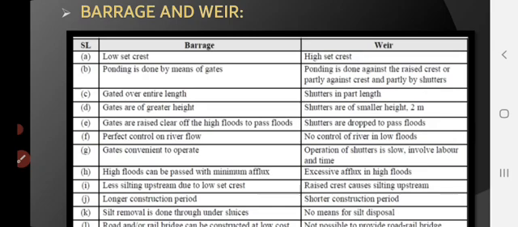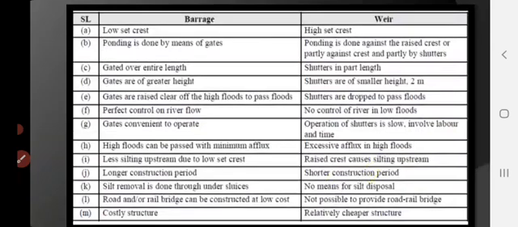So there is no control of river in low flow. Gates are convenient to operate. Operation of shutter is slow, right? High flood can be passed with minimum afflux, while in case of weir, there is excessive afflux in high flood, because we have the fixed wall.